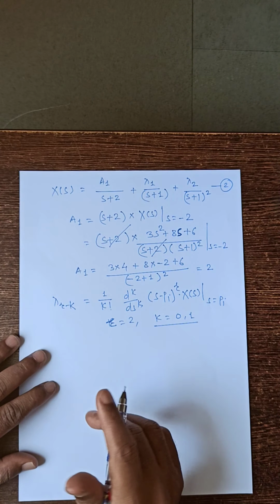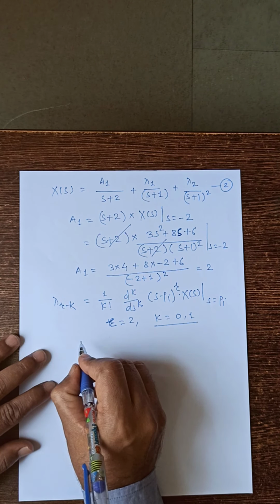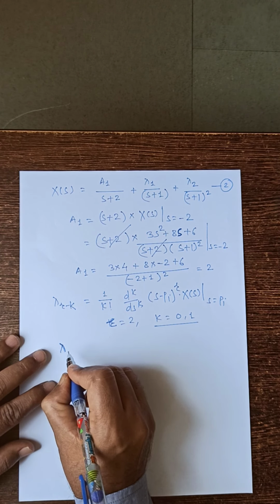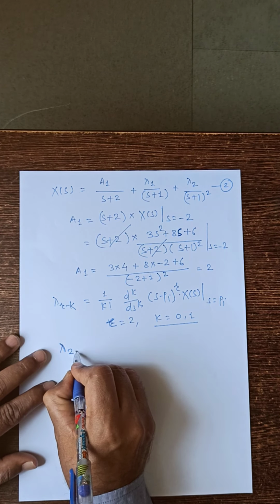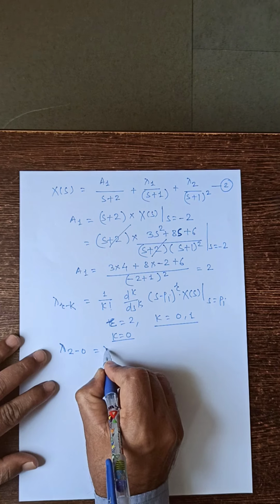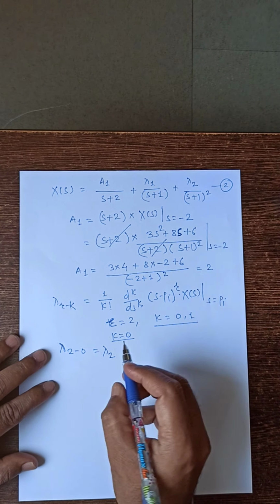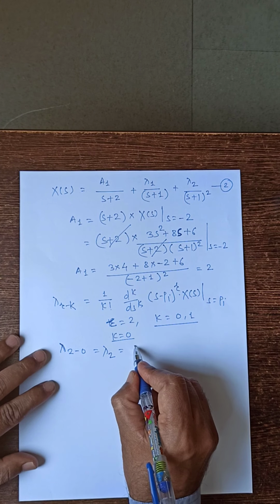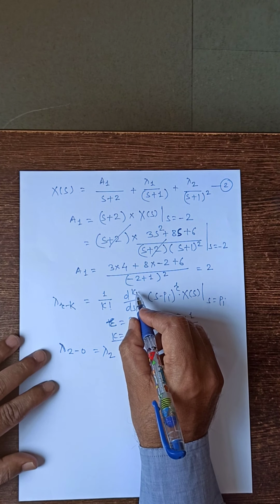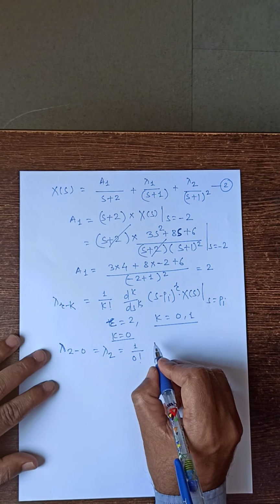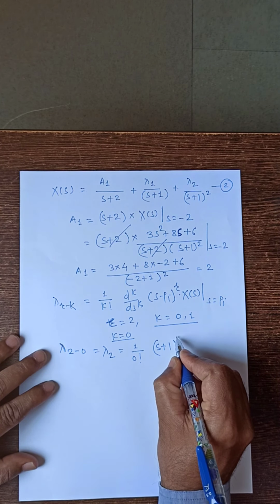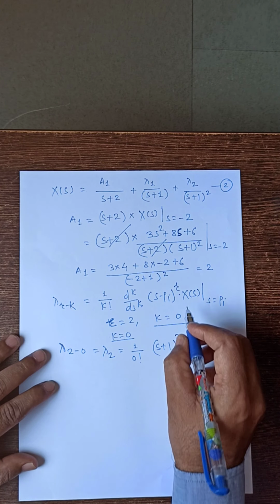Now we'll put the value of k. Let r is equal to 2 and let k is equal to 0 here. So k is equal to 0, that is lambda 2. So this value lambda 2 is equal to 1 upon k factorial, so 1 upon 0 factorial, and 0 factorial is equal to 1. k equal to 0 means no differentiation, so (s minus pi) raised to r is (s plus 1) squared into X of s.